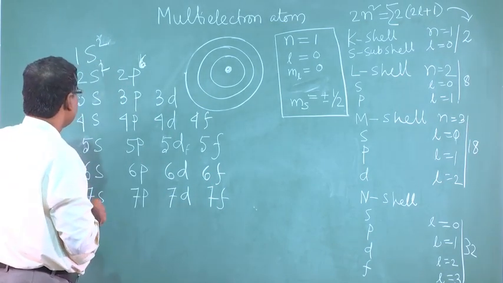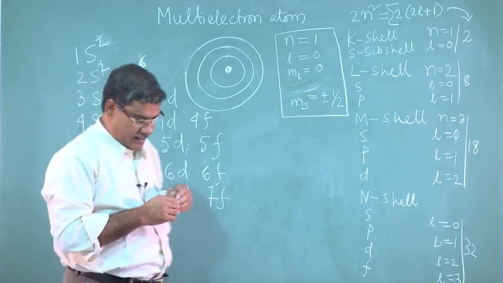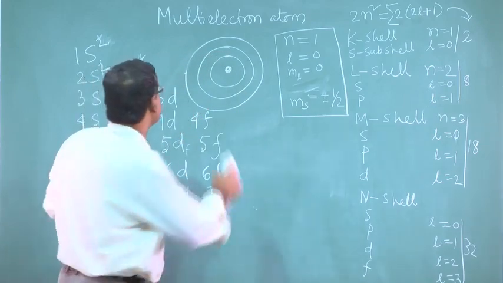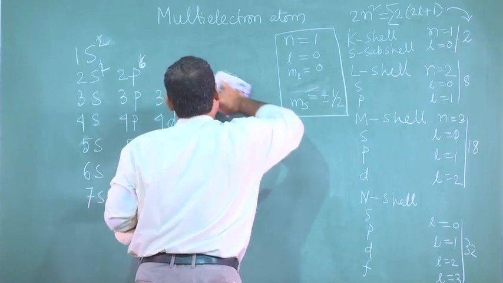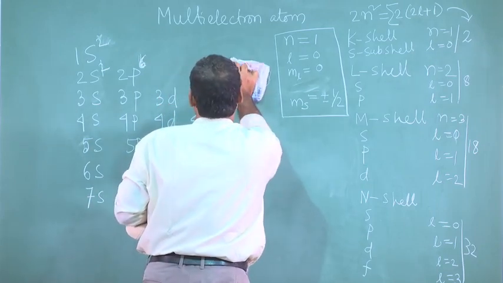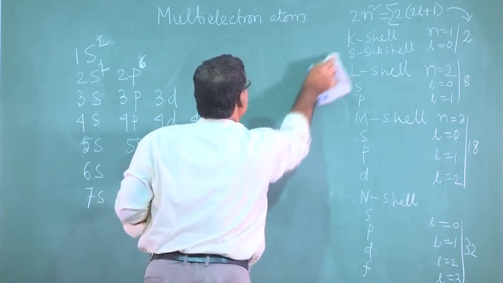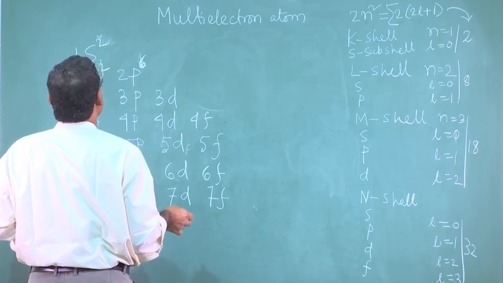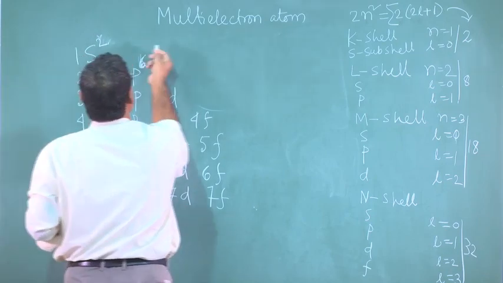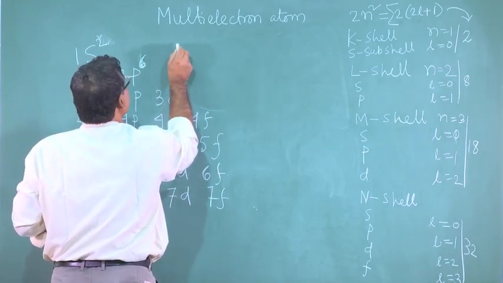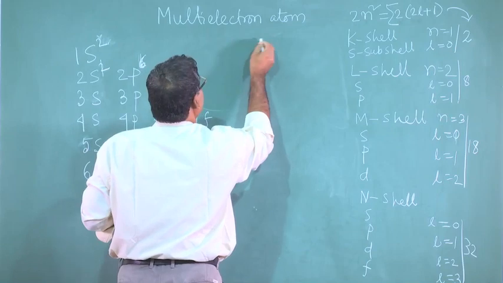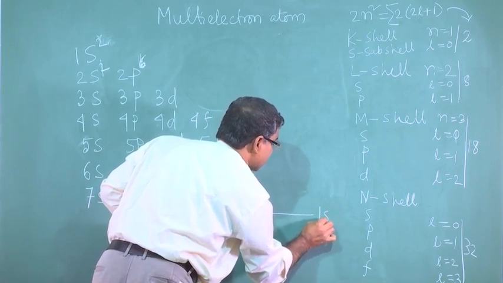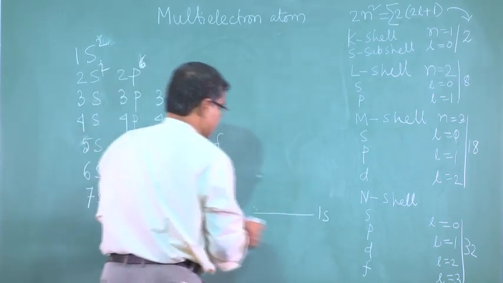Now here, rules are there to get the minimum energy. As I told, the sequence of the energy levels is slightly different for a multi-electron system. If I draw the scale, say this is 1s.